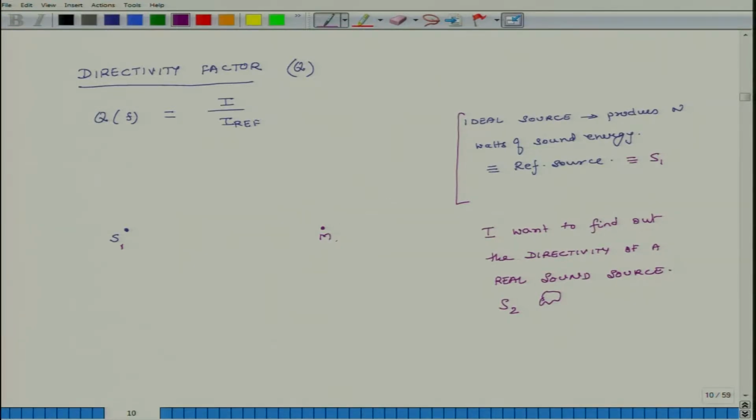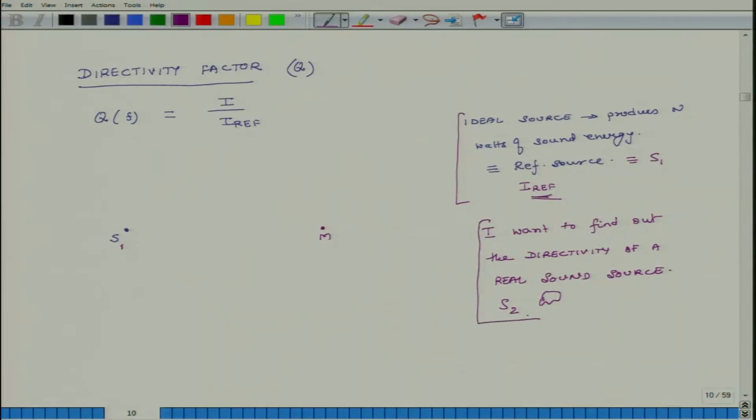So, that gives me I ref. I put an ideal source which is omnidirectional, and at this microphone location I find out the pressure, and using mathematical formulae, I can calculate I ref easily.